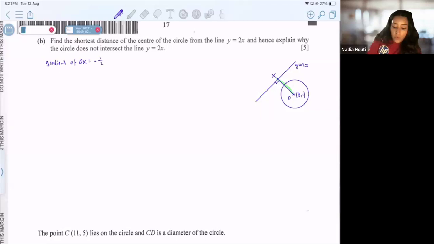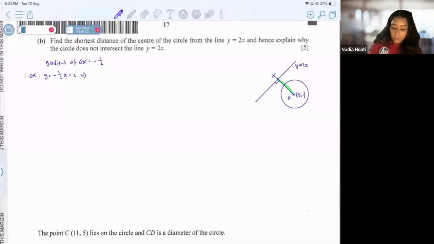So we know that the equation of the line OX is y equals negative half x plus c. Let's solve for c. We know that this line OX also has the point (8, 1) on it, so O lies on this line. So you sub in those coordinates into this equation.